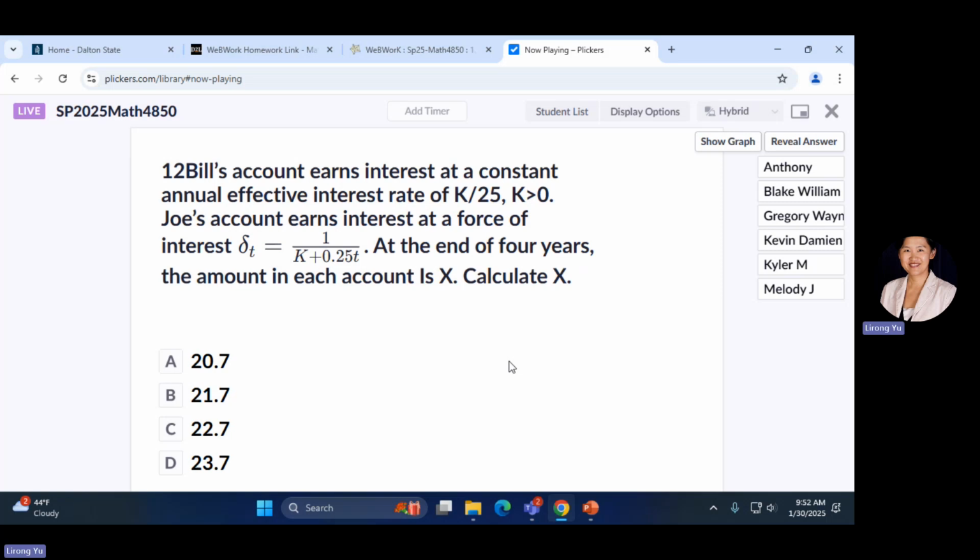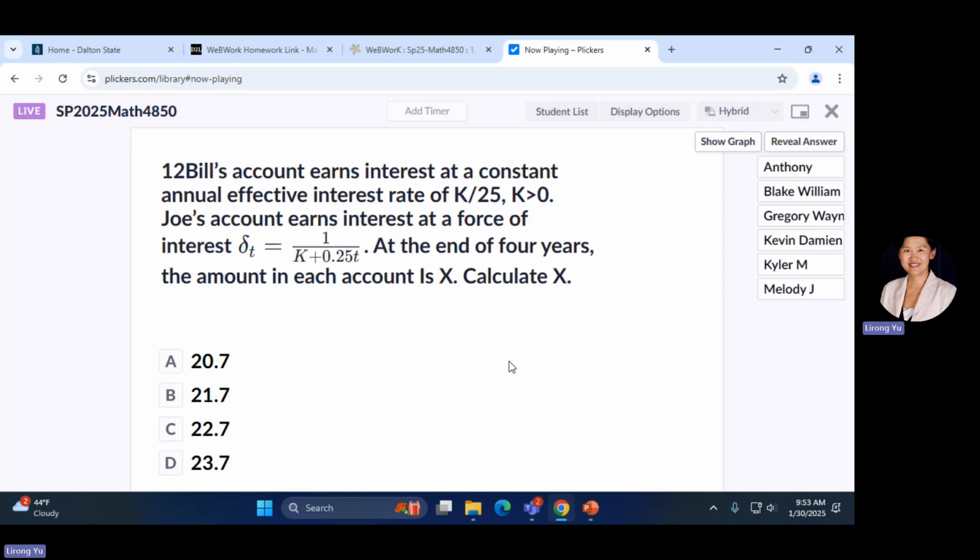Okay. This is the natural log of K plus 0.25 r to the power 4, at 0 and t. The value of this function at t is the natural log of K plus 0.25 t to the power 4, minus the natural log of K to the power 4.